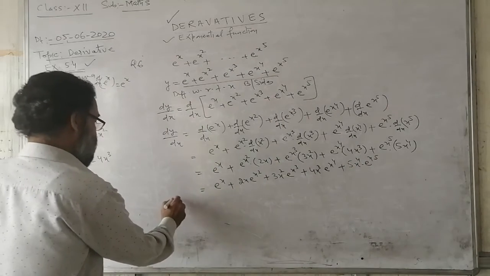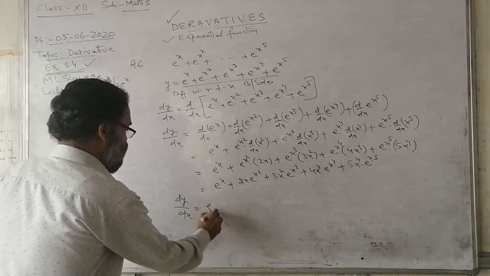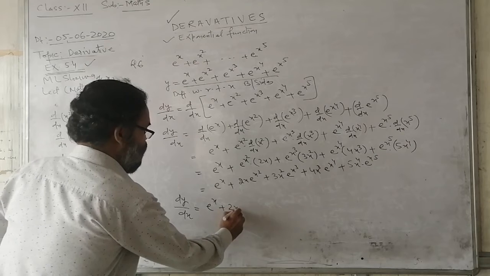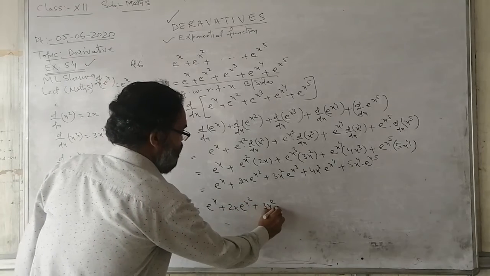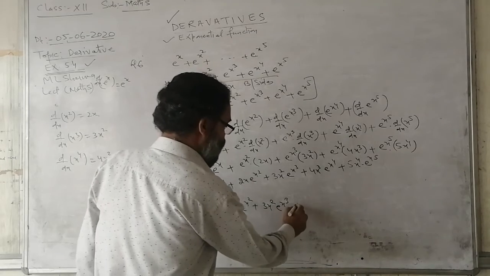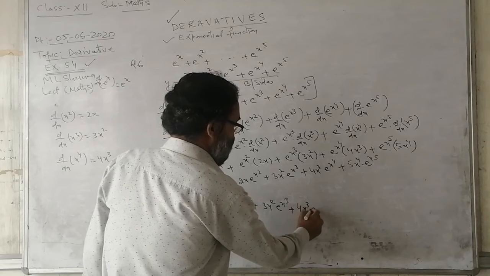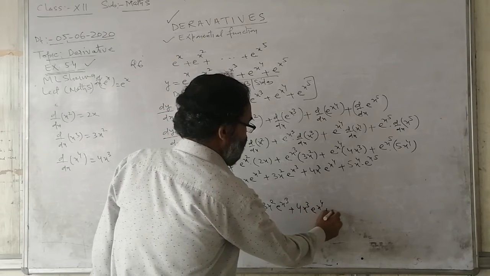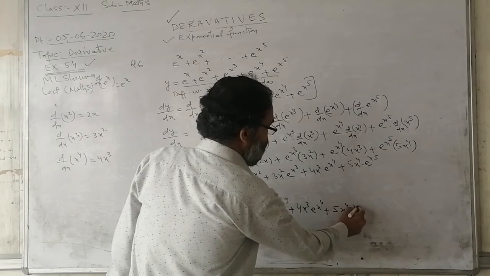So in this way, d/dx will equal e^x + 2x e^(x²) + 3x² e^(x³) + 4x³ e^(x⁴) + 5x⁴ e^(x⁵).